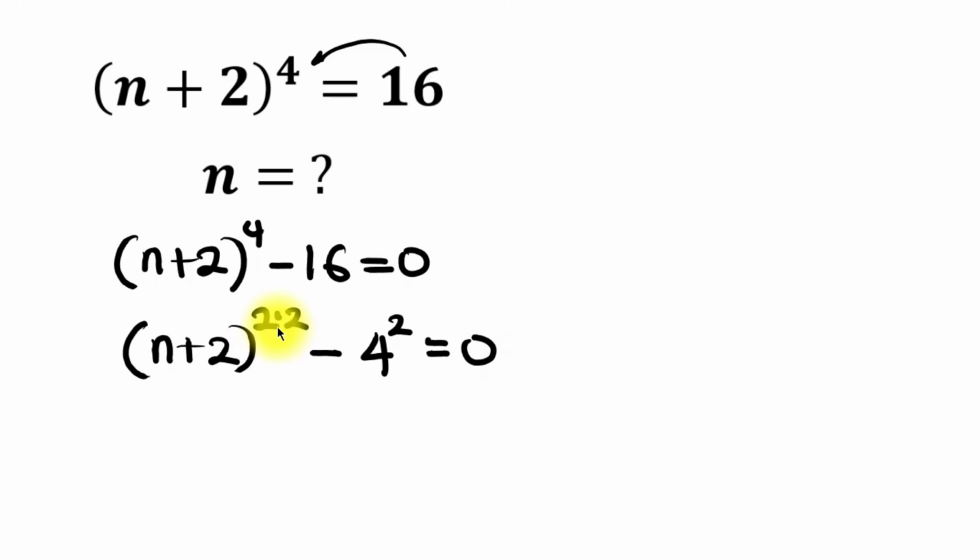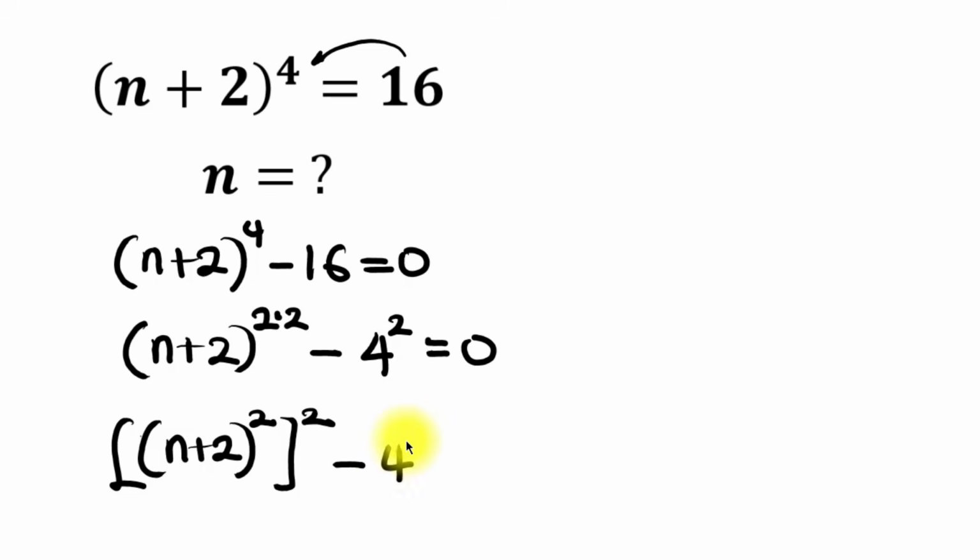Well, we can apply the property of indices here that says that when powers multiply, we can write it in this form, which is ((n + 2)^2)^2. It is still the same thing. So minus 4 squared equal to 0.